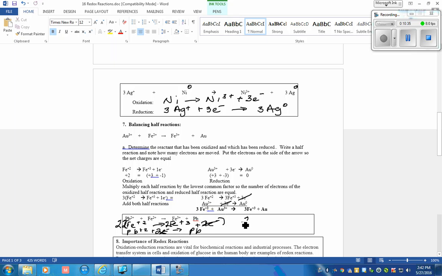Our balanced redox reaction would be 2 Fe plus 2 plus lead plus 2 yields 2 Fe plus 3 plus lead in its elemental form.